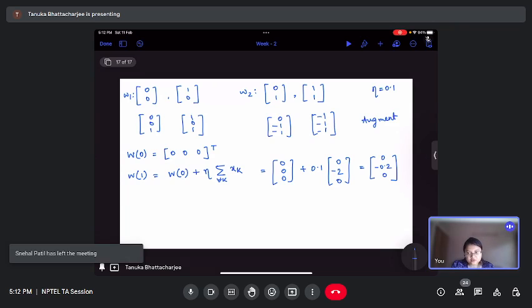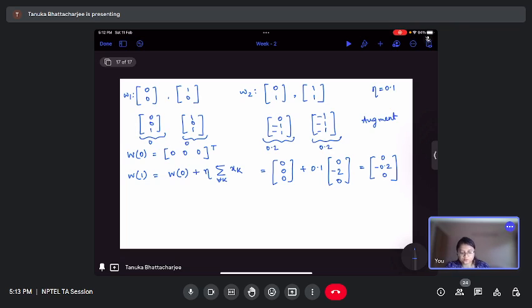Then for the third and fourth sample, W transpose X will be 0.2. So, for this case it is 0, this case it is 0, this case it will be 0.2, this case it will be 0.2, right. So, these two samples are correctly classified, these two are not.